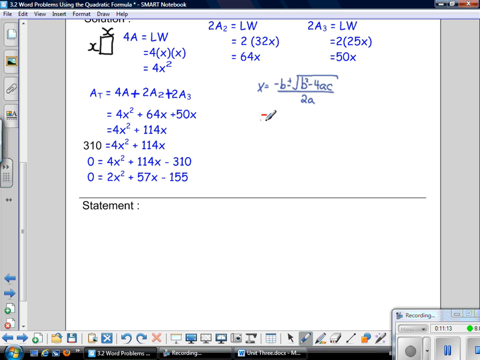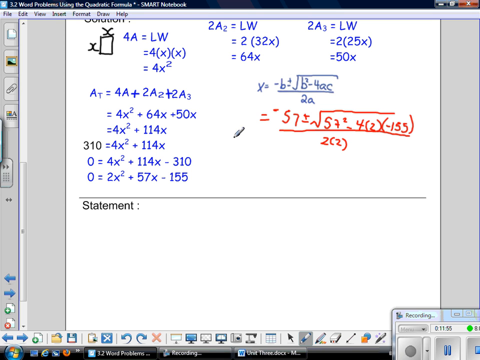So we have x equals negative 57 plus or minus the square root of 57 squared minus 4 times 2 times the negative 155, and all of that is over 2 times 2.